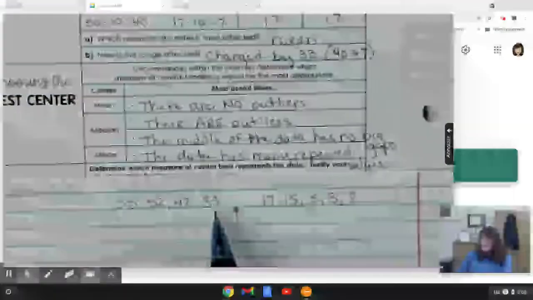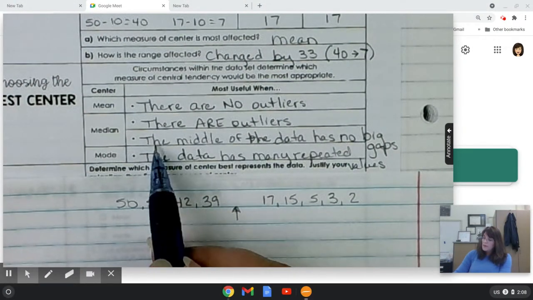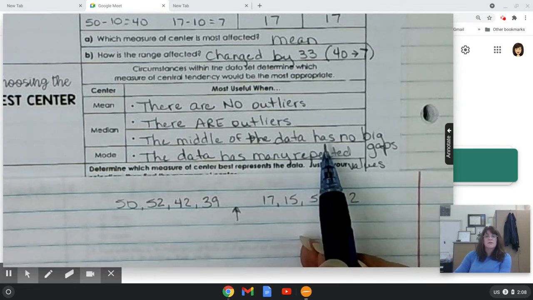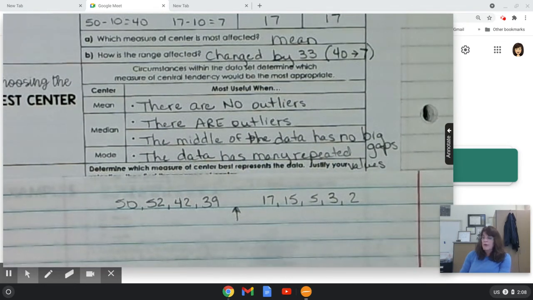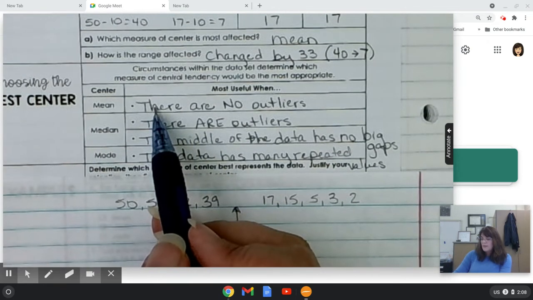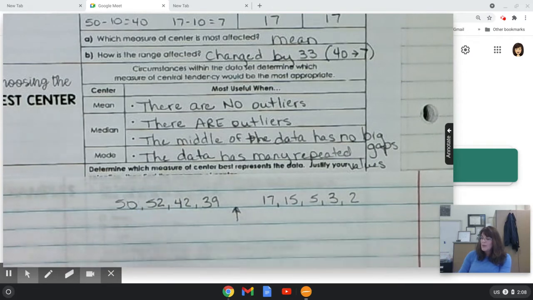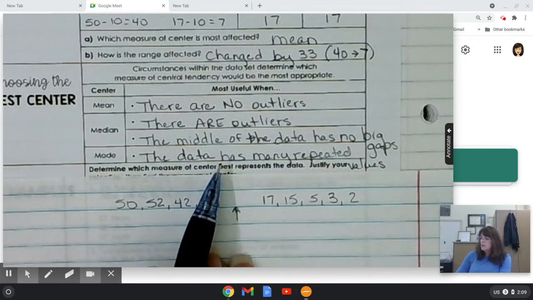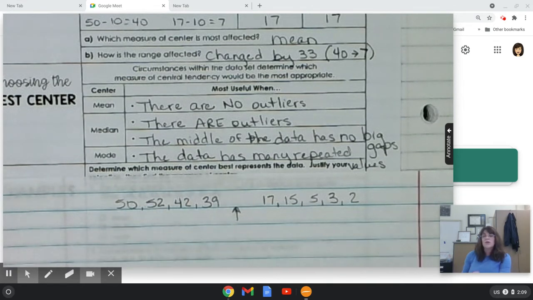So if there's a big gap, the median is not a good choice because it's going to give you a weird number. If there's a big gap, you're going to want to use the mean or maybe a mode. It's just a weird piece of data when there's a big gap. And then mode is really good when you have many repeated values, because think about if you walked in our classroom.